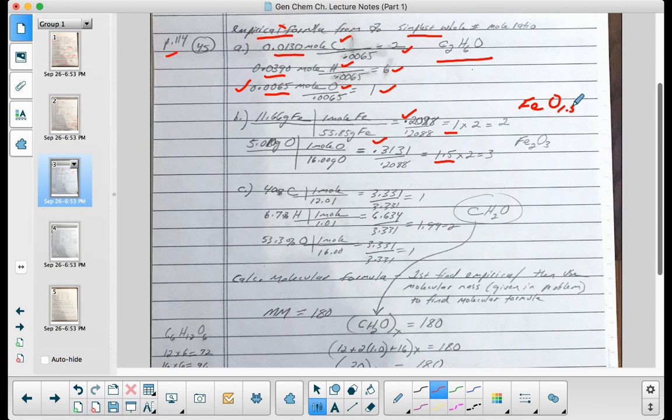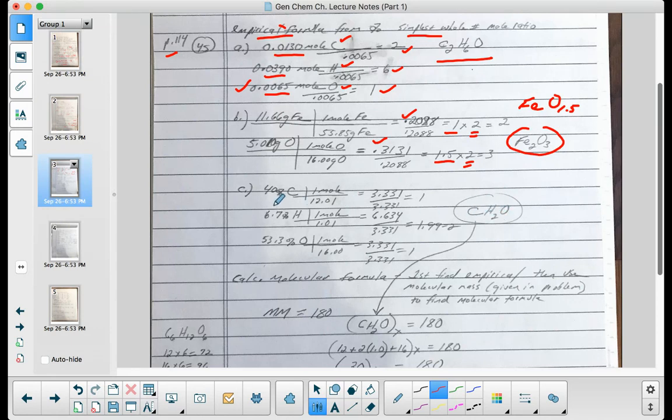They have to be whole numbers. And so what I have to do is multiply both by a value that's going to give me the simplest whole number ratio. And so when I do that, I get 2 for the iron and 3 for the oxygen. So my formula becomes Fe2O3.